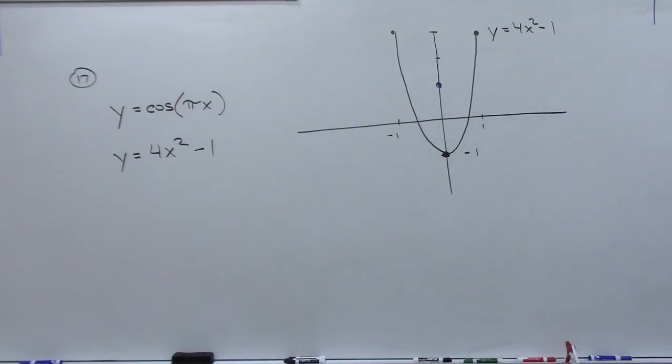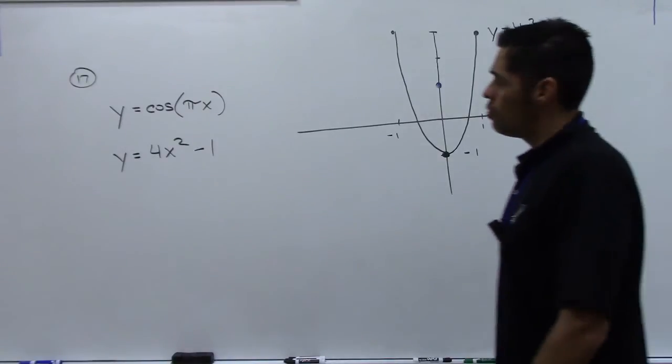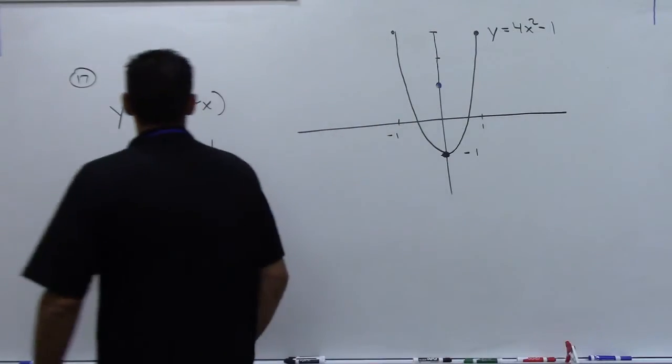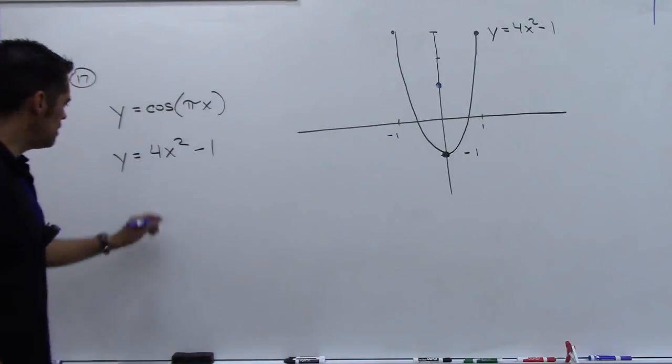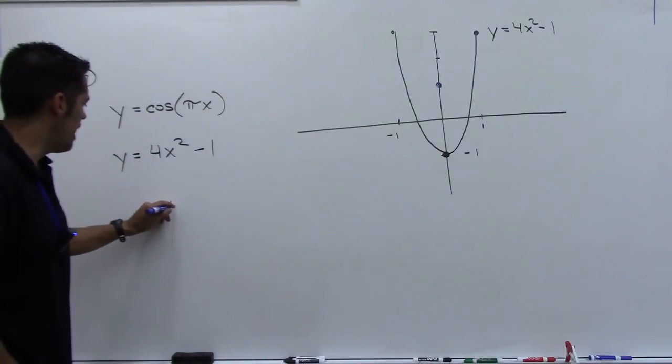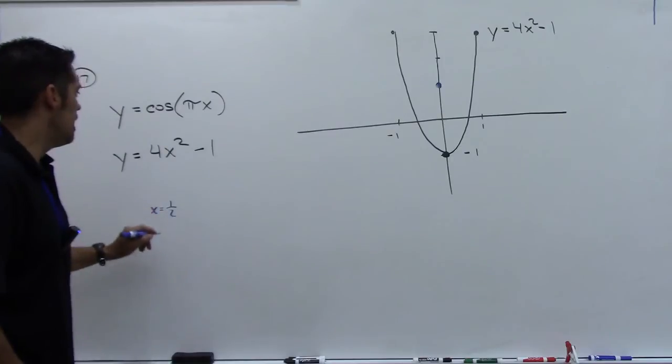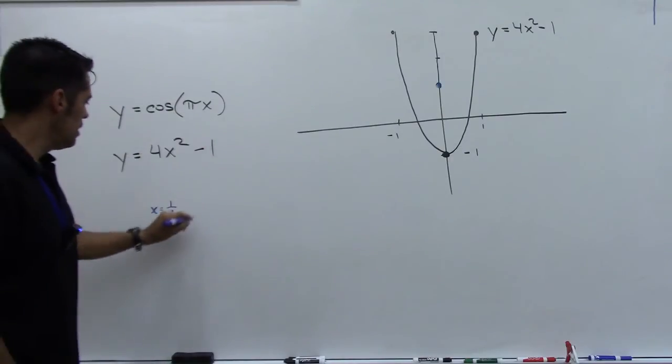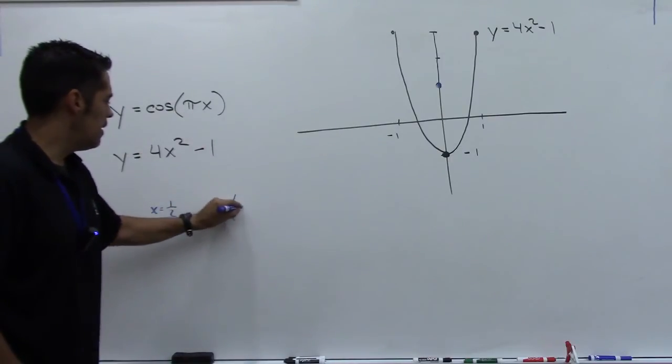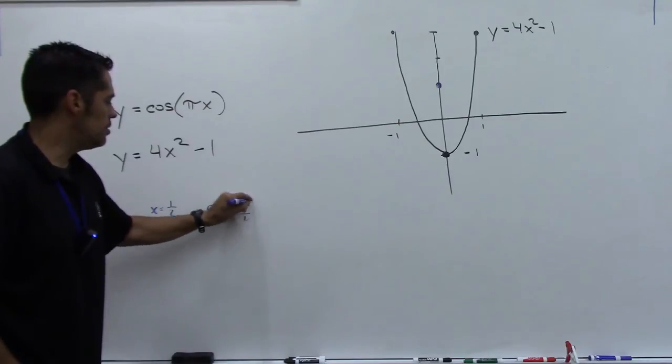And then, let's plug in x equals 1/2 into that. Because if I plug in 1/2 in here, I get cosine of pi times 1/2, which is pi over 2.